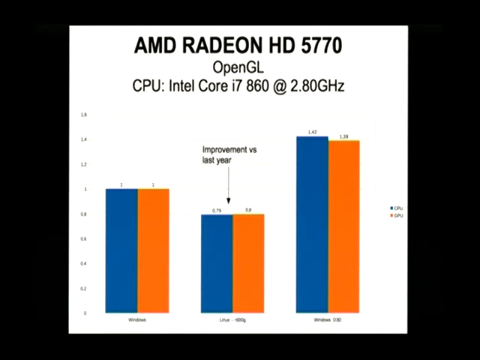Last year it used to be at about 70% of the Windows driver performance, now it's at 80%. In some games there are substantial improvements, in others there are none. So that's why on the one hand you have this graph going up pretty high, and on the other hand a modest but still noticeable improvement in this graph.